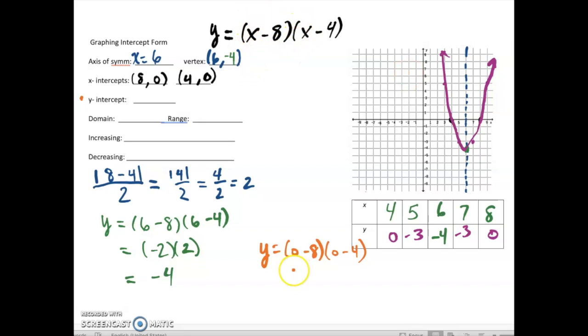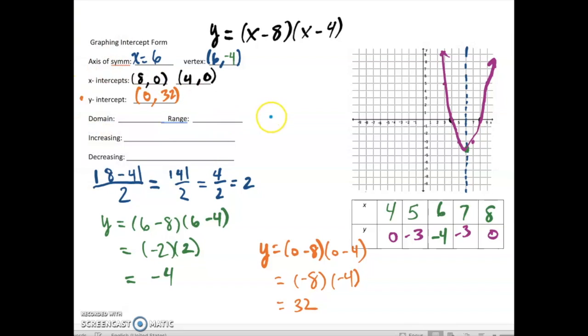That'll give me my y-intercept. So this is going to be negative 8 times negative 4, positive 32. That makes sense, even though I can't see it, I know that it's up there. So my y-intercept is at x is 0, y is positive 32.